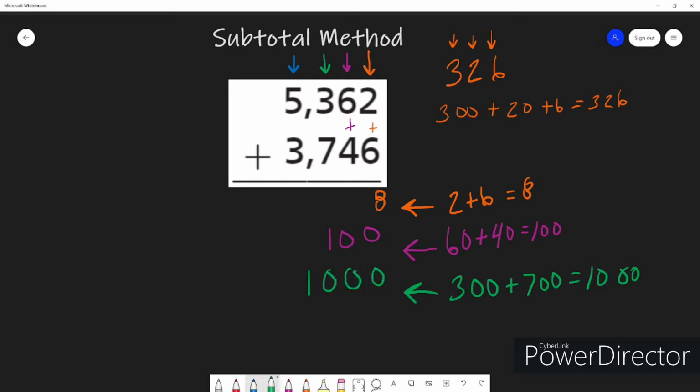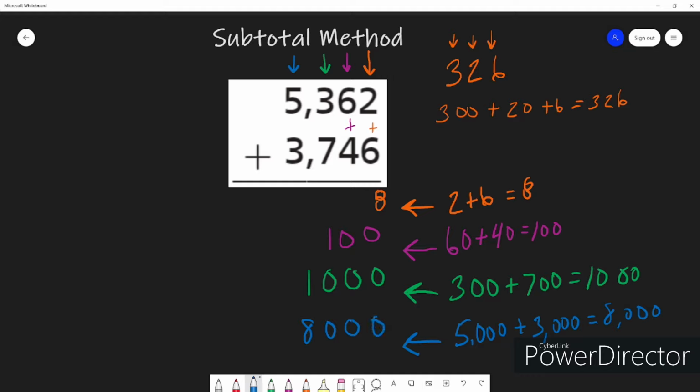And now we wrap up with the thousands place, which is in the blue arrow. And understanding it's a thousands place, it's not 5 plus 3, it's 5,000 plus 3,000, which gives us 8,000. And I'll put it here.